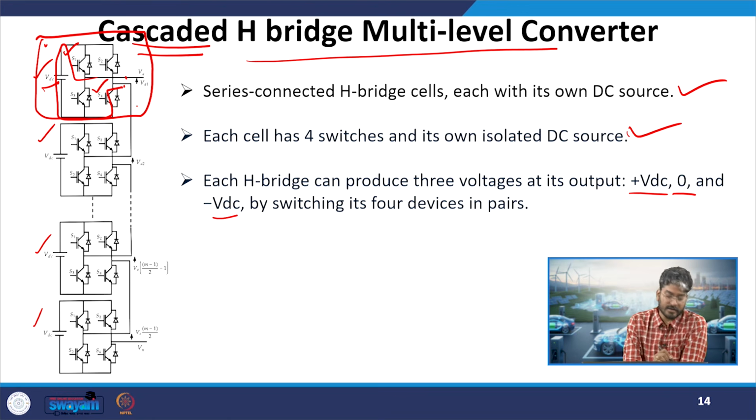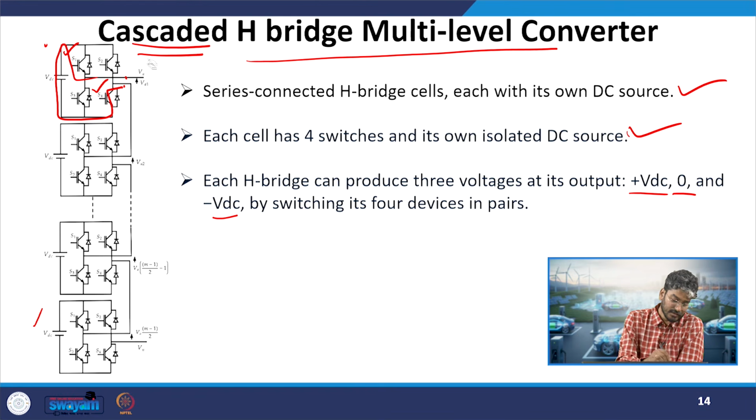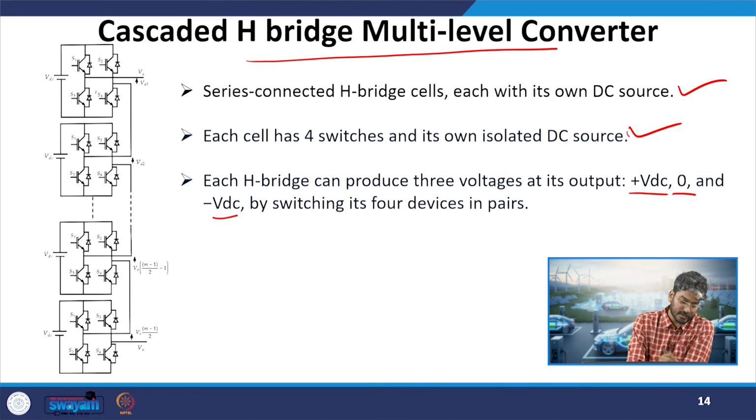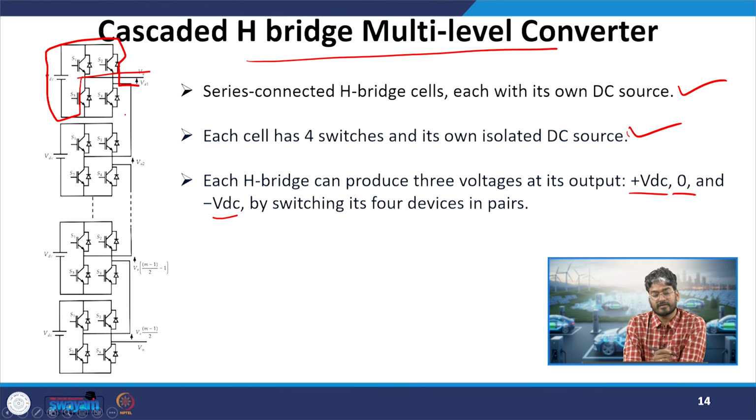Okay, because S1 and S4 are on, so this is the marked direction of current. So I will get a plus VDC when S1 and S4 are on. Similarly, when the complementary condition is true, that is I turn on S2 and S3, I will get a negative voltage. Okay, so minus VDC.